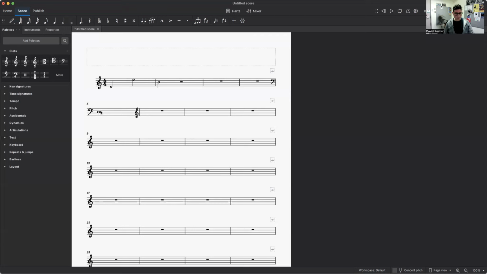So the first octave would be here, the space below the treble staff, and then another octave up would be this, right? Sorry, B.